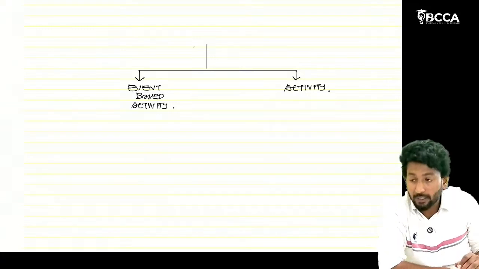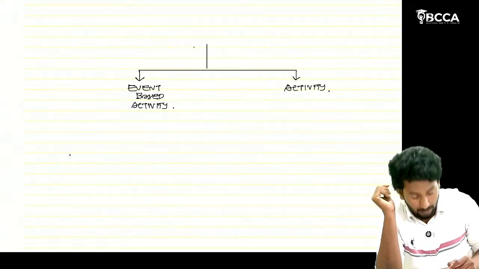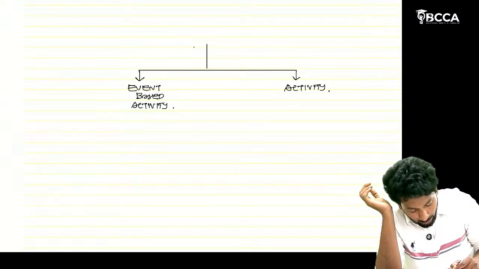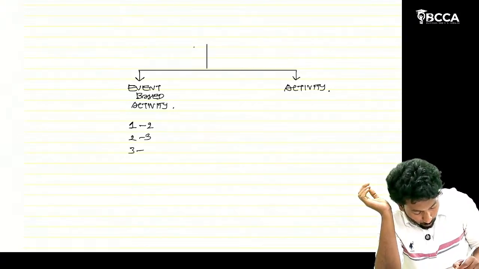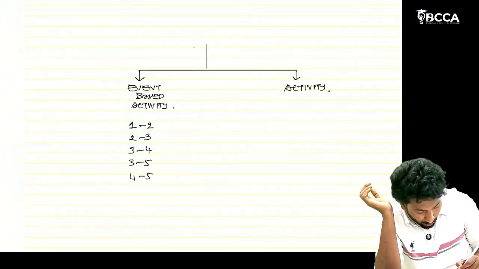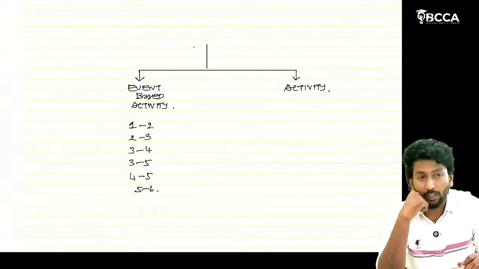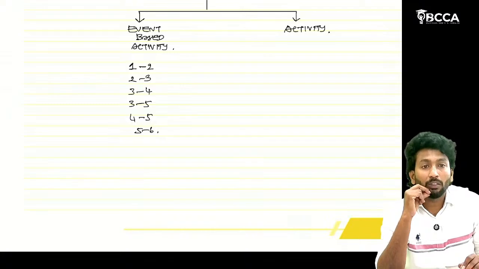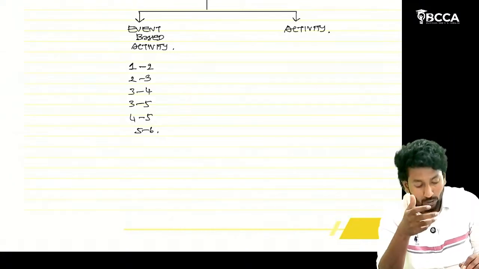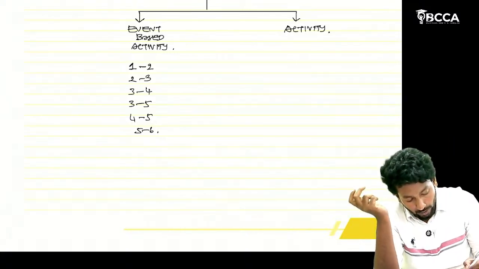Event based activities means they will give some sequence. The question will be given like this: activities 1 to 2, 2 to 3, 3 to 4, 3 to 5, 4 to 5, 5 to 6. In this situation we can directly draw the diagram as we know the sequence of activities. Here there is a number sequence.